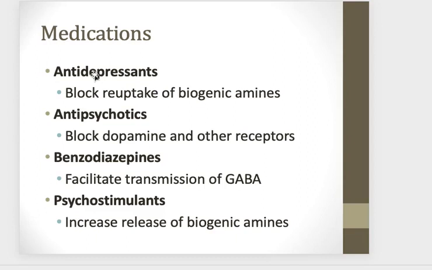They facilitate the transmission of GABA, so they increase GABA's activity, which has inhibitory properties. And we have psychostimulants, which increase the release of those neurotransmitters, like your amphetamine or your methylphenidate for ADHD. It increases the release of those, which for people with ADHD actually helps them to be able to concentrate on things.